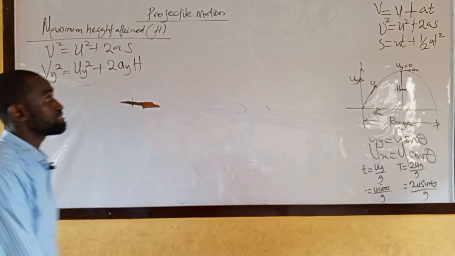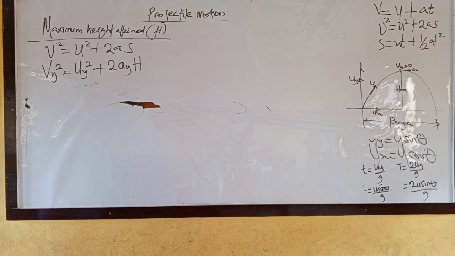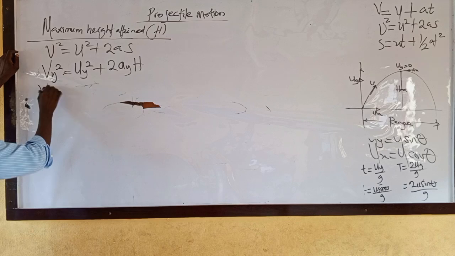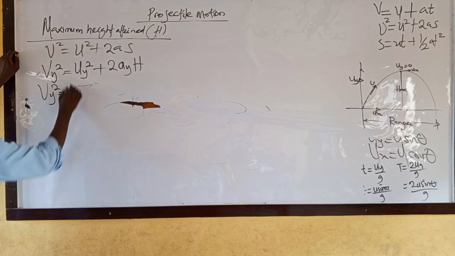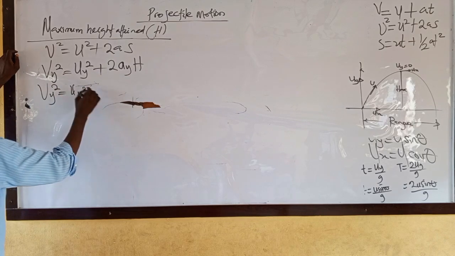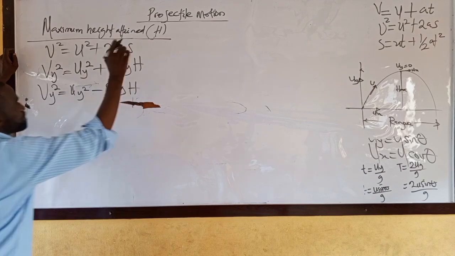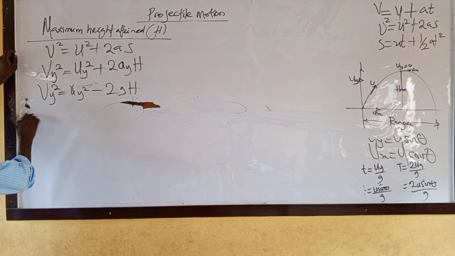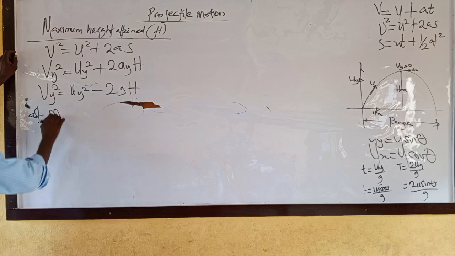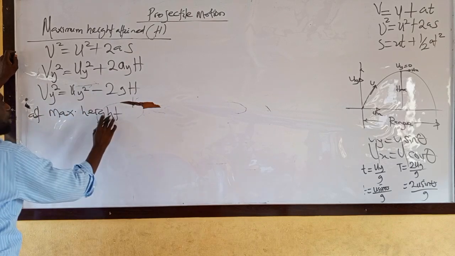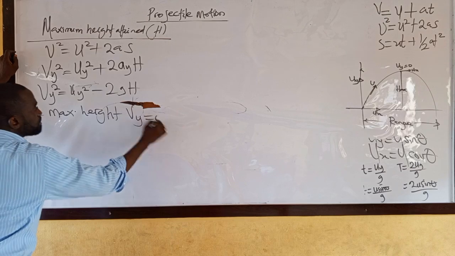So let us go. v of y squared equals u of y squared minus 2gh. So what happened at maximum height? Our v of y is 0.